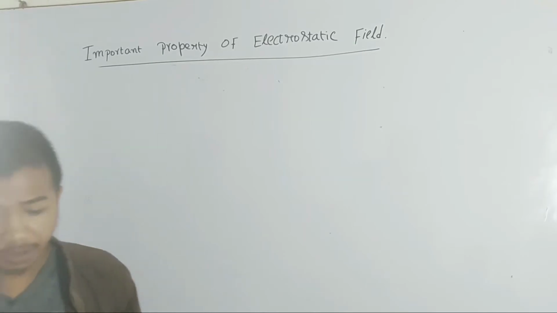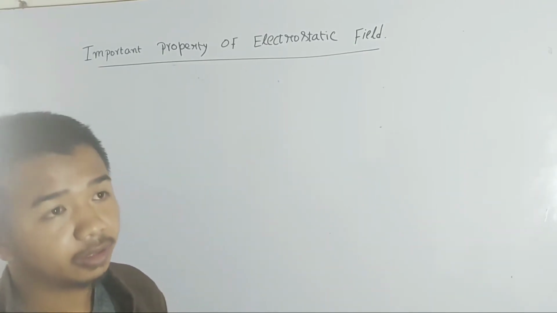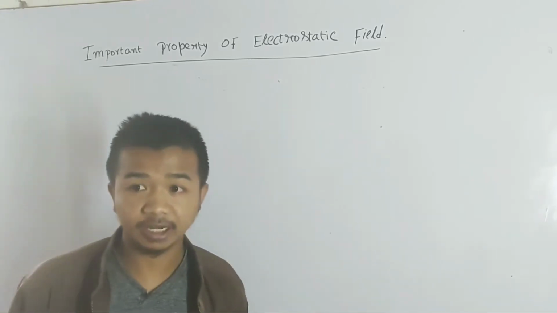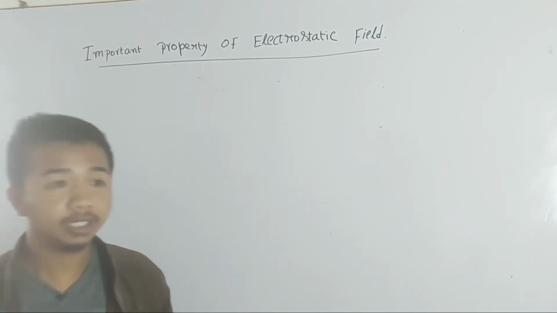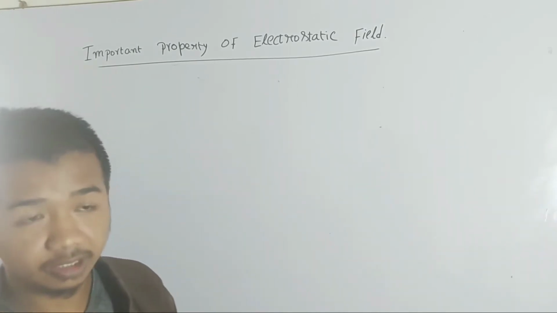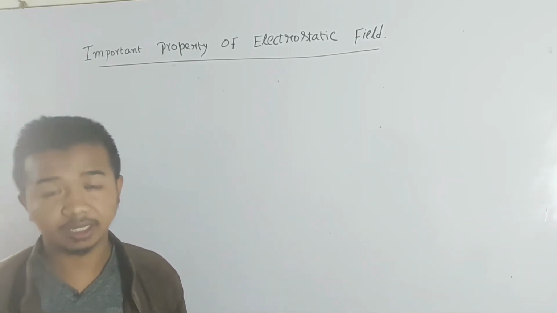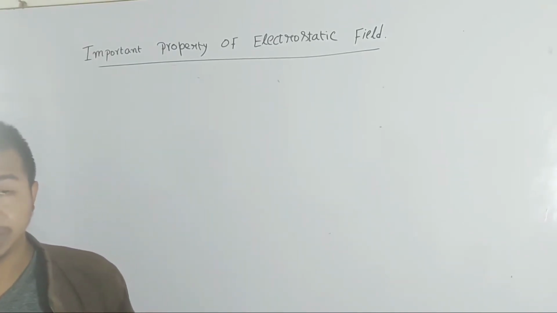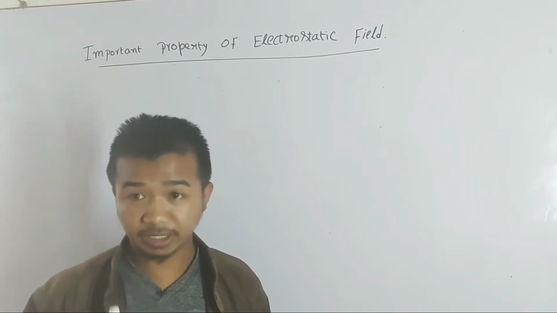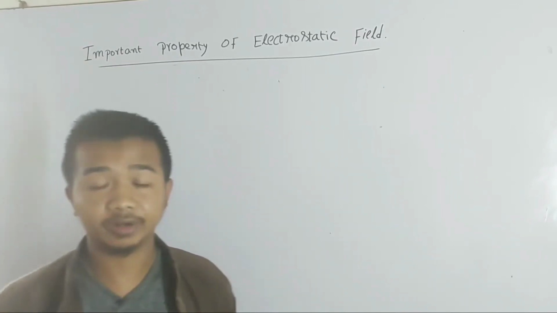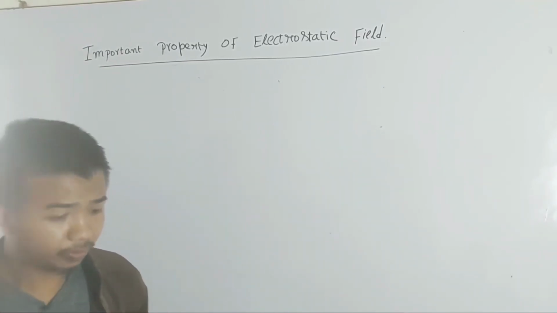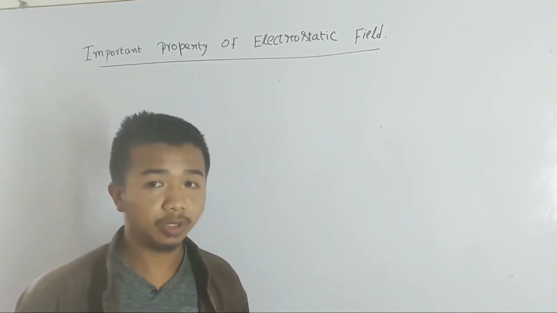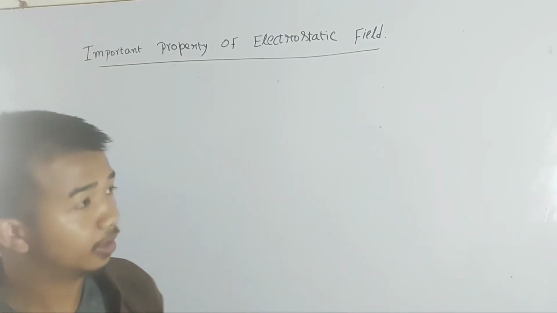So far in the previous lecture we have calculated the electric field strength at a point due to a point charge, then the electric field due to an infinite plane sheet, and then the electric field due to a charge distribution in an infinite long straight wire. Then we also discussed electric field intensity due to an electric dipole.